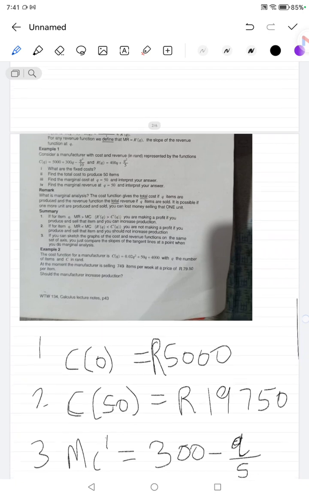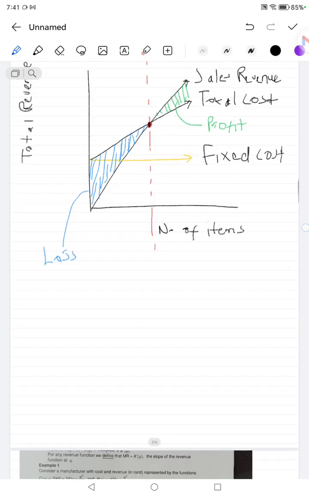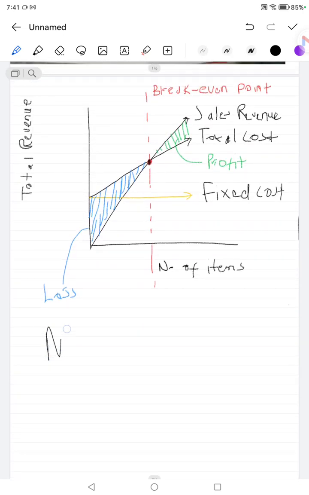Did I explain the marginal cost? Marginal cost is the same as having the cost to produce one more item.